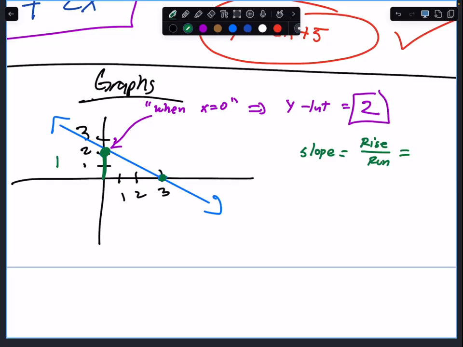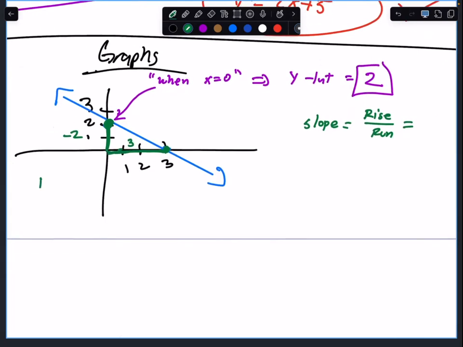It went down 2, and it goes over by how much? By 3. So in this problem, the rise is -2, and the run is 3.